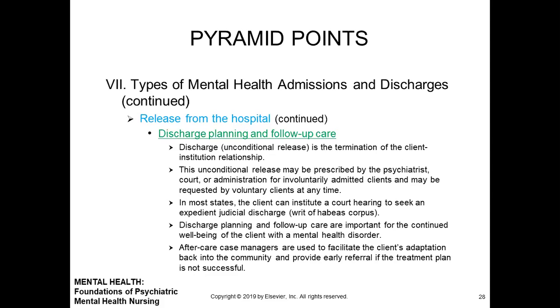In most states, the client can institute a court hearing to look for an expedient judicial discharge. Discharge planning and follow-up care are important for the continued well-being of the client with a mental health disorder.